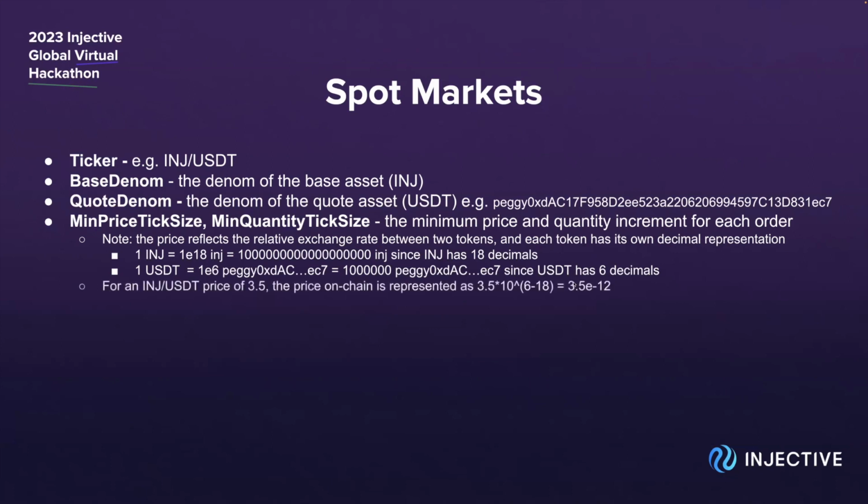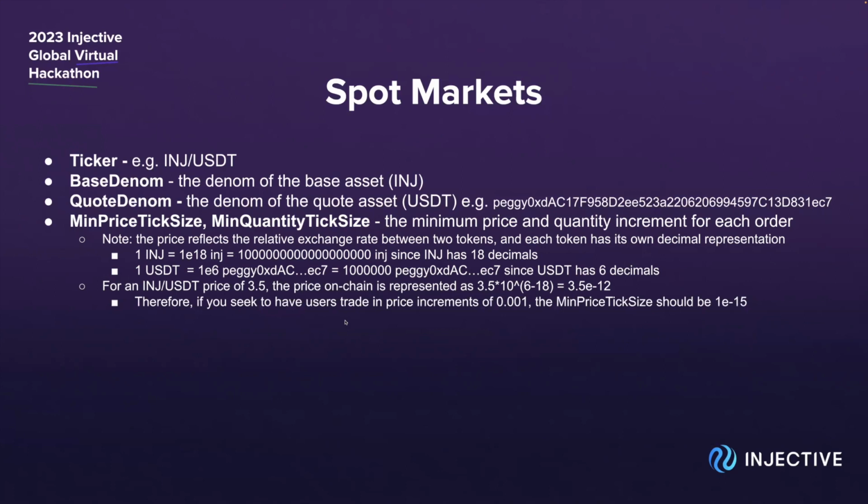Therefore, for an INJ/USDT price of 3.5, the price on chain is represented as 3.5 times 10 to the 6 minus 18, or 3.5 times 10 to the negative 12, which may be a little bit confusing. But because you're actually exchanging INJ for USDT in these raw quantities, the prices are reflected in this manner.